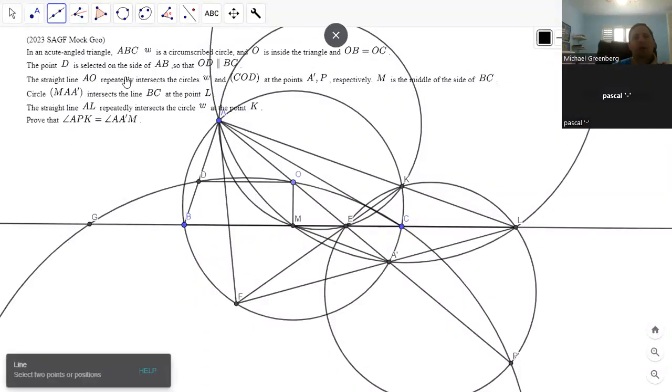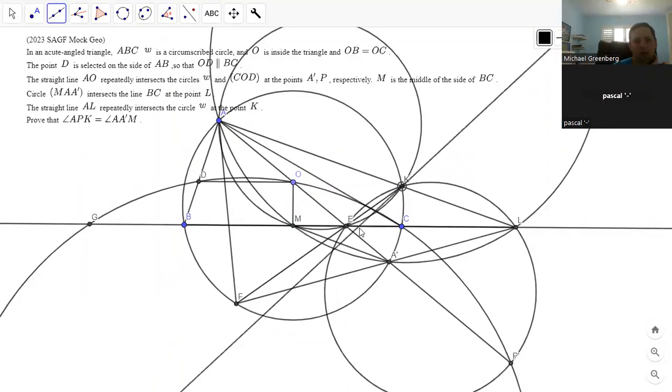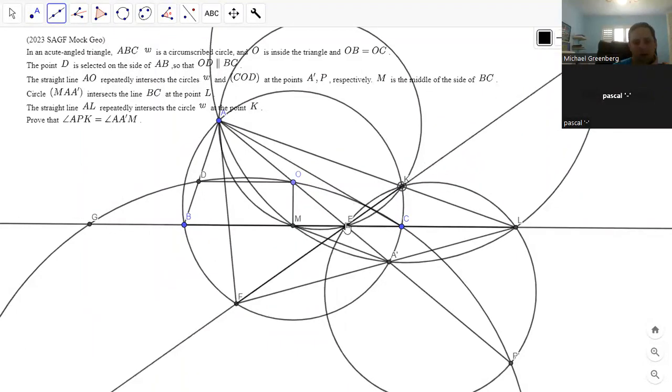Or any other point on this circle, intersecting this or this.